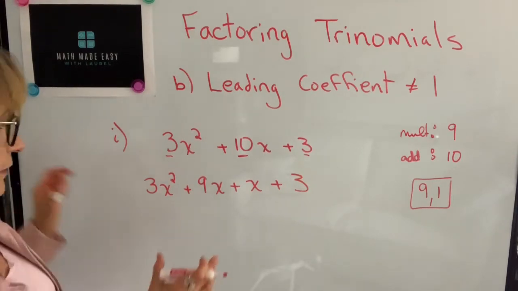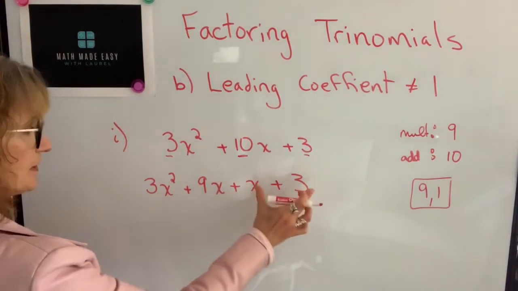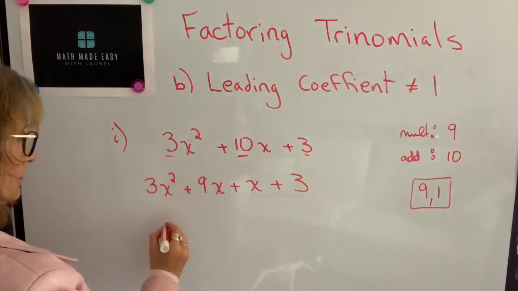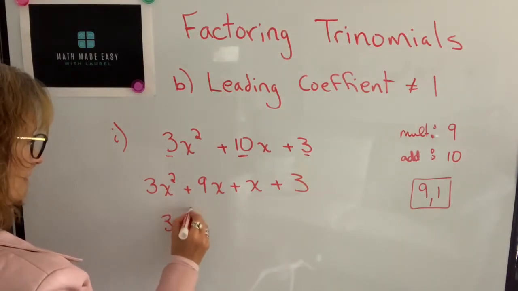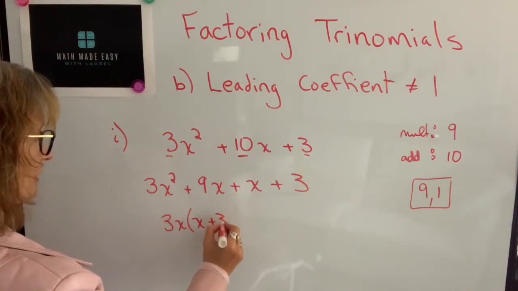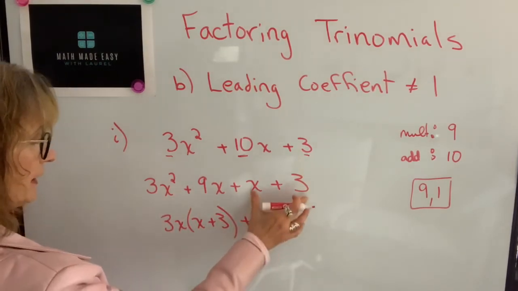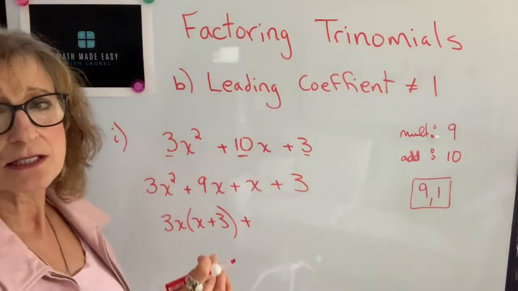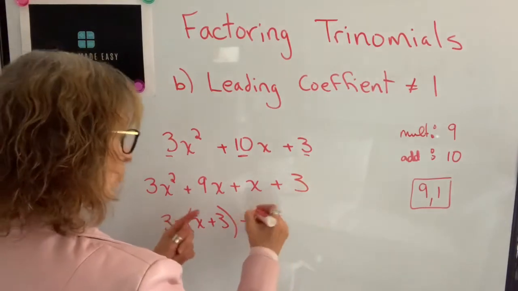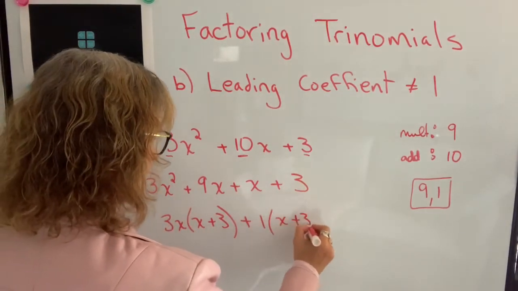We factor out of these two terms, and factor out of these two terms. When I look at these two terms, I can factor out a 3x, and I'll be left with x plus 3. Here there's nothing common to those terms, so I can think of it as 1 times x plus 3.